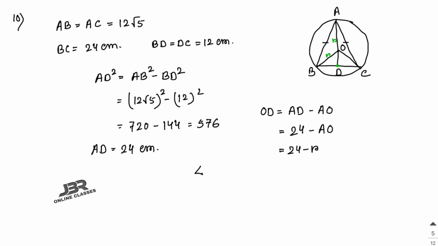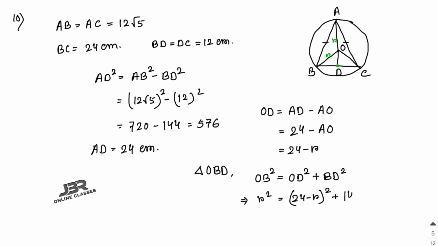Now from the triangle OBD, by Pythagoras theorem, you can write OB square as the hypotenuse, equal to OD square plus BD square. OB is the radius, that means R square. OD means (24 minus R) whole square, and BD means 12 square, which equals 144. Clear?